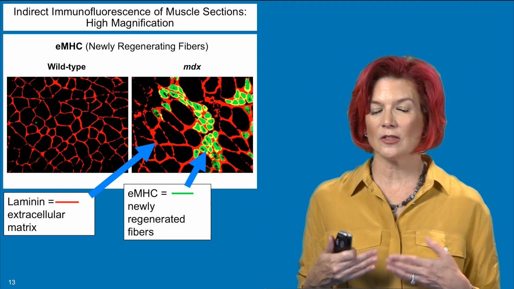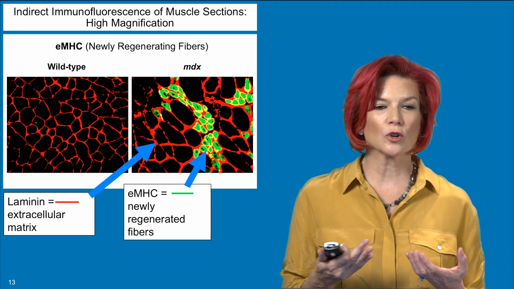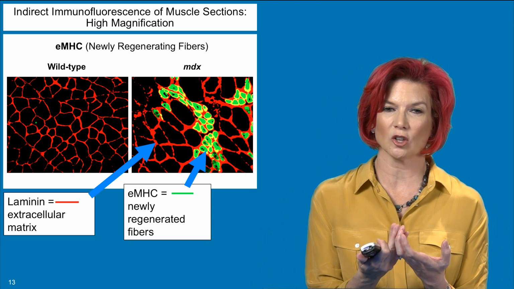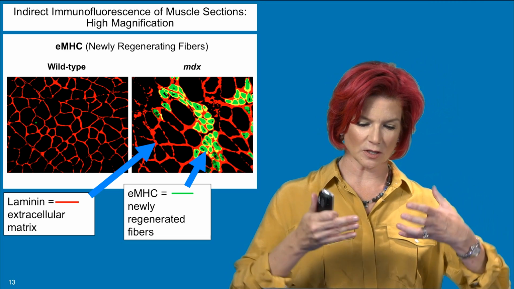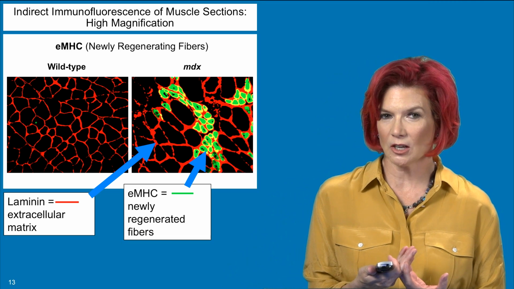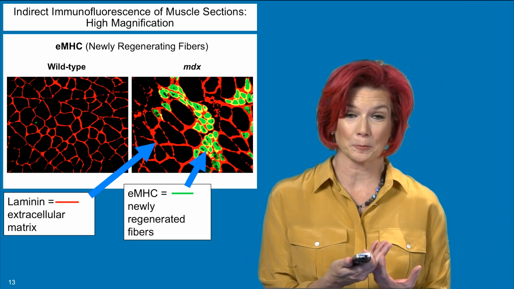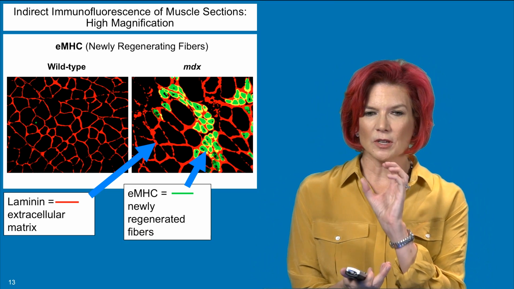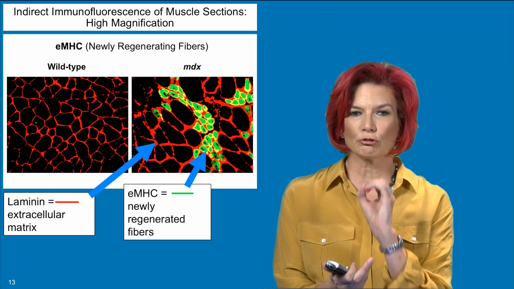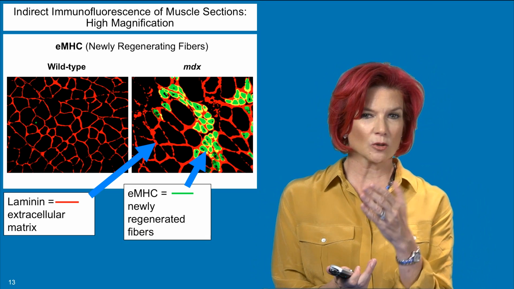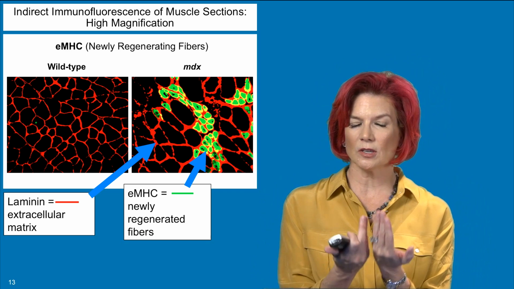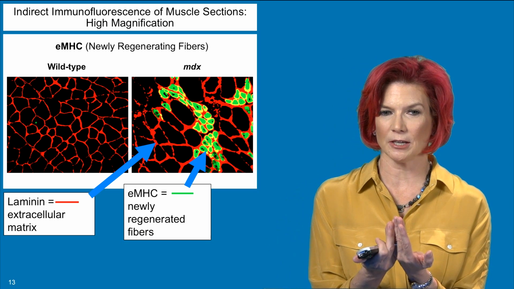So you can see in the wild-type muscle the gorgeous, beautiful laminin staining, which is showing you where the extracellular matrix is. Remember that the extracellular matrix is surrounding each individual skeletal muscle fiber. And in the MDX sample, you can see that there are these bright, small, green regenerating fibers. So we're able to find and mark those regenerating fibers by using this embryonic heavy chain antibody.